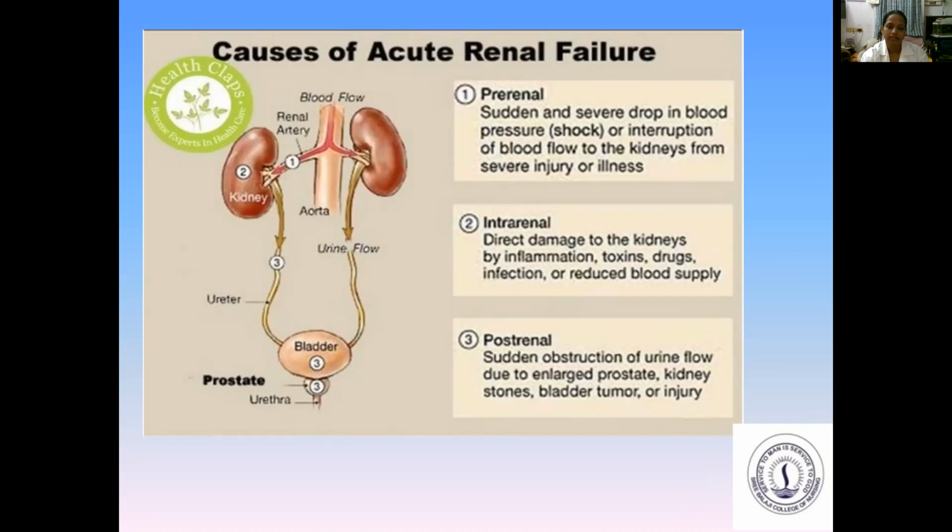In post-renal, sudden obstruction of urine flow due to enlarged prostate, kidney stones, bladder tumor or injury. So these are the causes of acute renal failure.